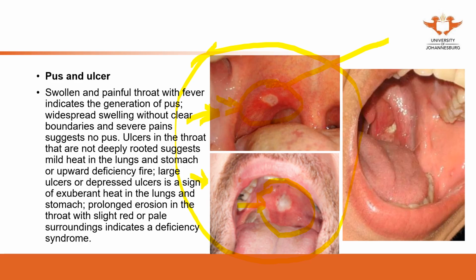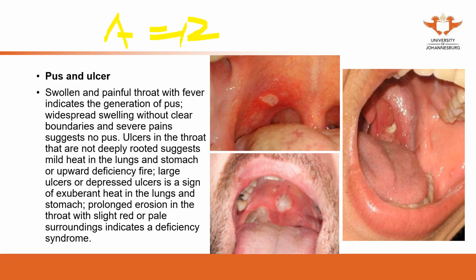So from this way of thinking, we realize that if you remember the basic theories, you actually already apply the yin and yang theories in this thinking. When you see the redness, you think about the fire. That's A equals B, B equals C, right? A is C. When you see the redness, redness reflects the fire.